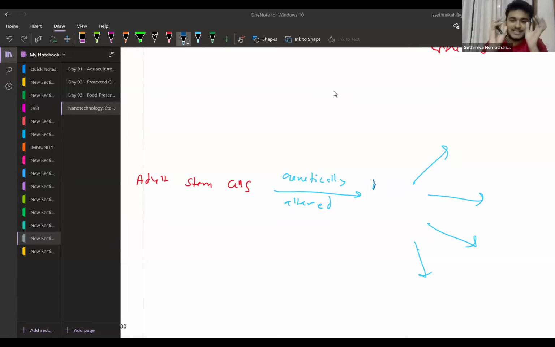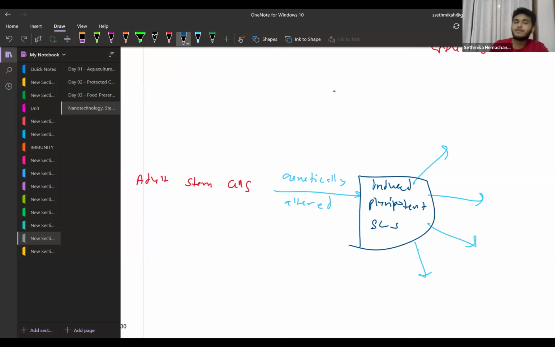Because these adult stem cells are genetically altered, where they are programmed or reprogrammed to produce any cell type. We call these induced pluripotent stem cells. Right? Induced pluripotent. So what are pluripotent stem cells? Those are the stem cells which can develop into a variety of cell types.